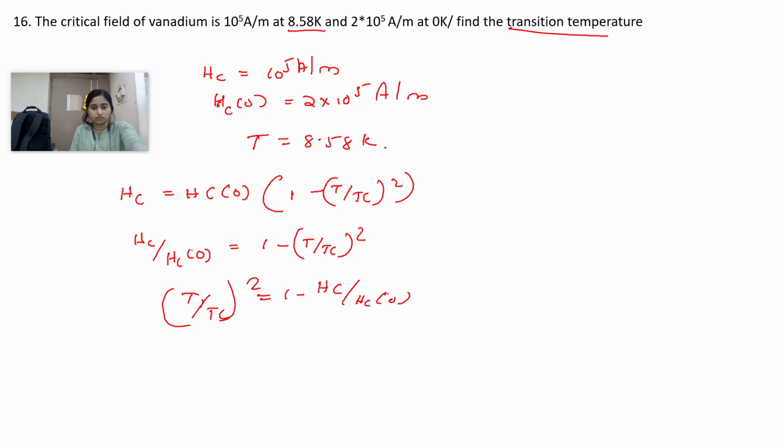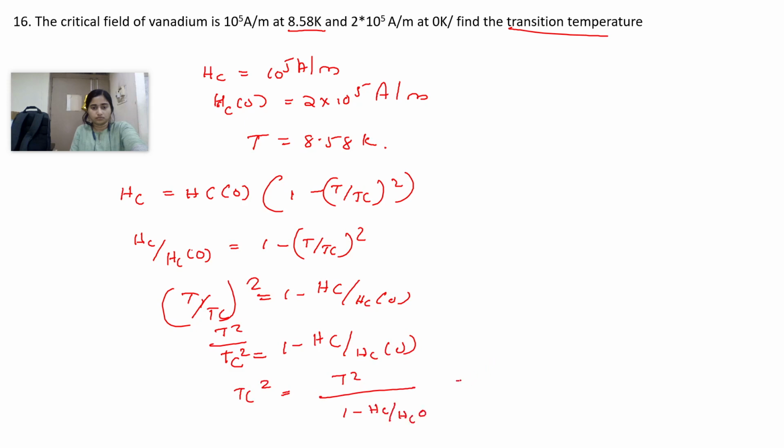Now we need to calculate the Tc, the critical temperature, that is the transition temperature. So we get T square divided by Tc square is equal to 1 minus Hc divided by Hc0. Now Tc square will be T square divided by 1 minus Hc divided by Hc0.